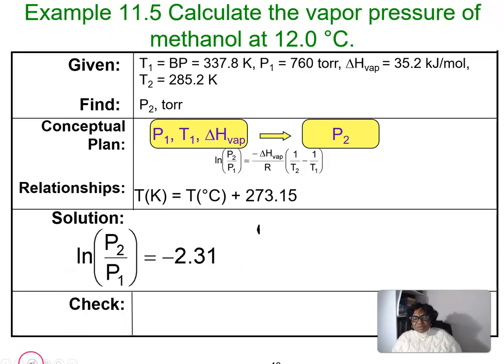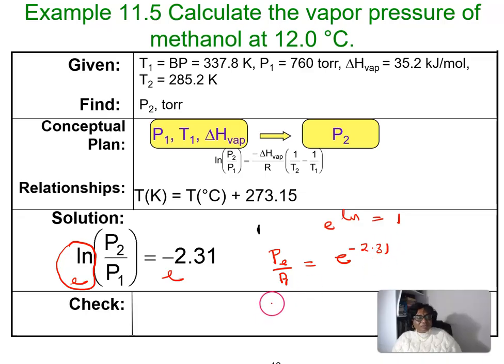Please, I want you to take note of something. e to the ln equals 1. So this e to the ln here will be equal to 1. So we are going to be left with P2 over P1 equals e to the minus 2.31.